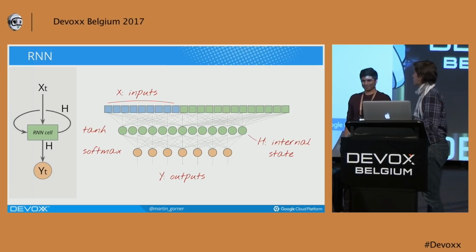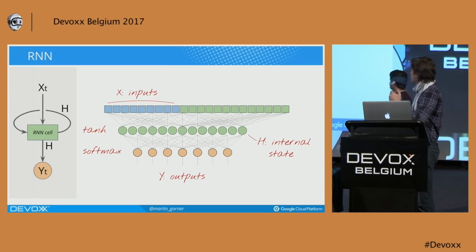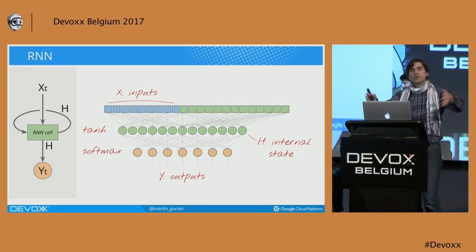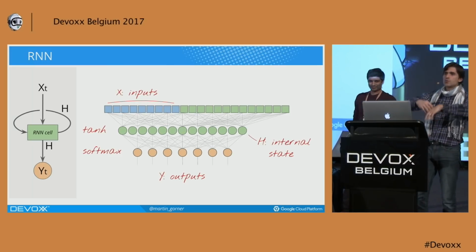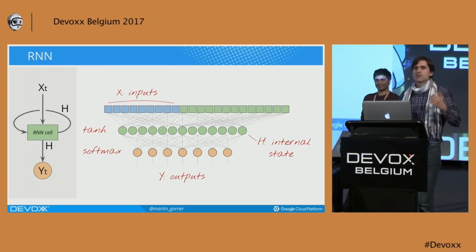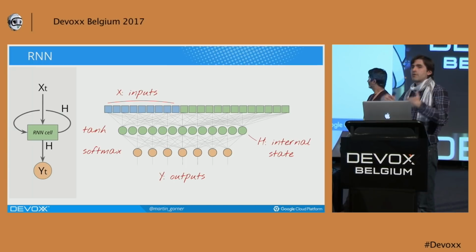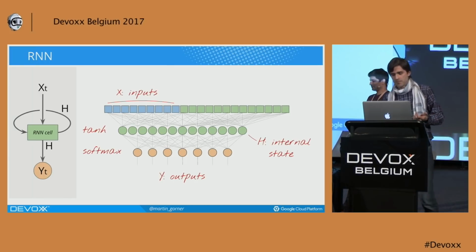But first, what is a recurrent neural network cell? So by now, you should recognize here a neural network. We have inputs. We have a layer of neurons. Those neurons still do the same thing. They do a weighted sum of all inputs, add a bias, feed this through an activation function. And at the end, I have my softmax if I want to classify something.